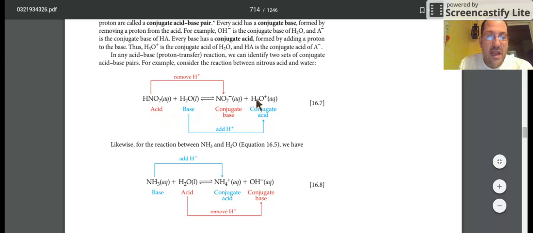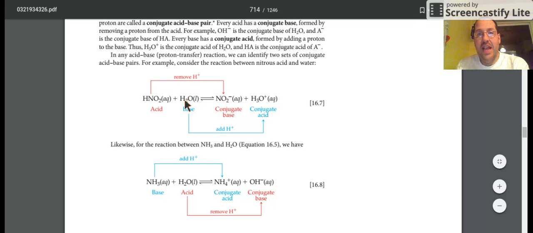The same is true with water. If we look, water here is related to the hydronium ion, and water has gained a proton on the product side to become the hydronium ion. So this acid, nitrous acid, has a conjugate base on the product side that is the nitrite ion.